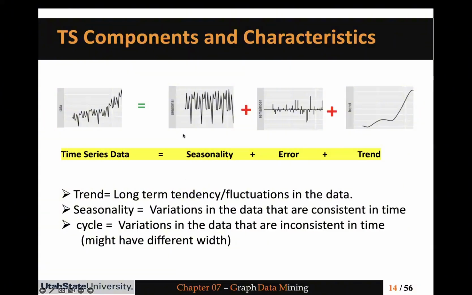Cyclicity, on the other hand, is the same as seasonality. However, the idea is that here we're talking about irregular periodic behavior. In other terms, if I were to draw a cycle here, it could be something that looks like this, right? So I have a cyclic component here.